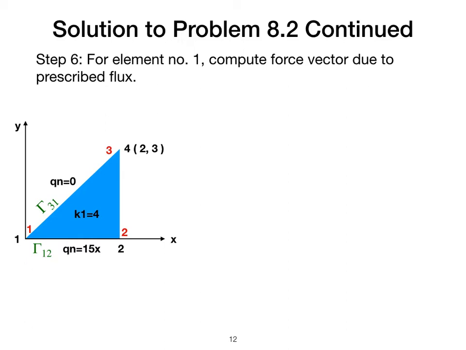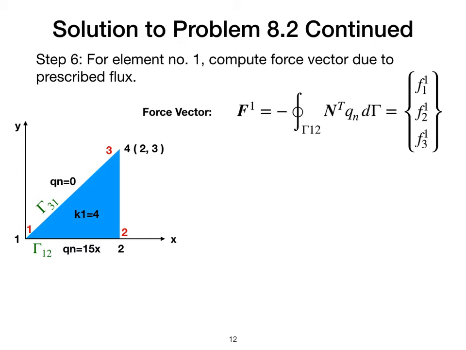Now the force vector for element number 1, F1, will be equal to minus closed integral of N transpose Qn integrated over boundary gamma 1 2 only.